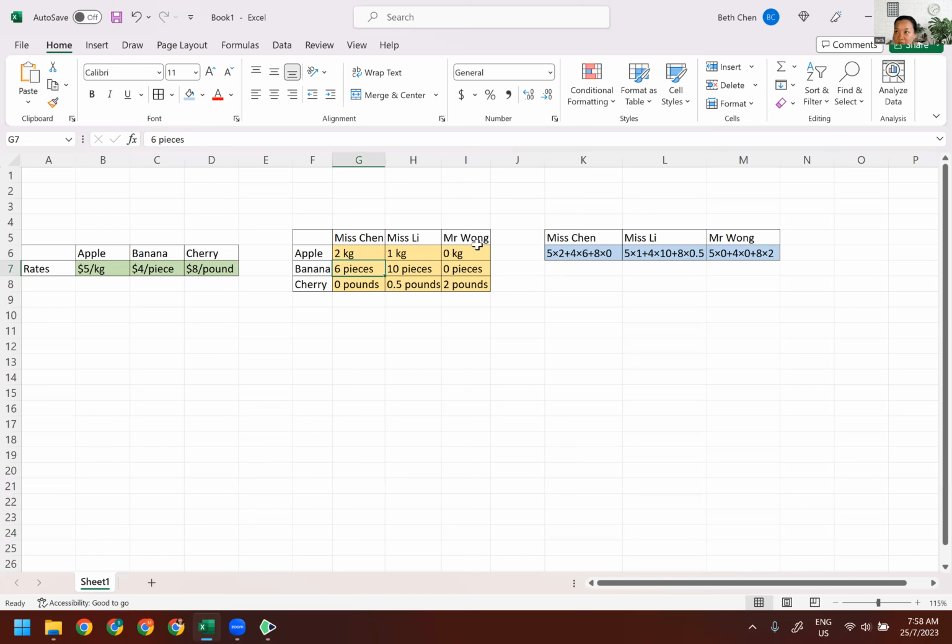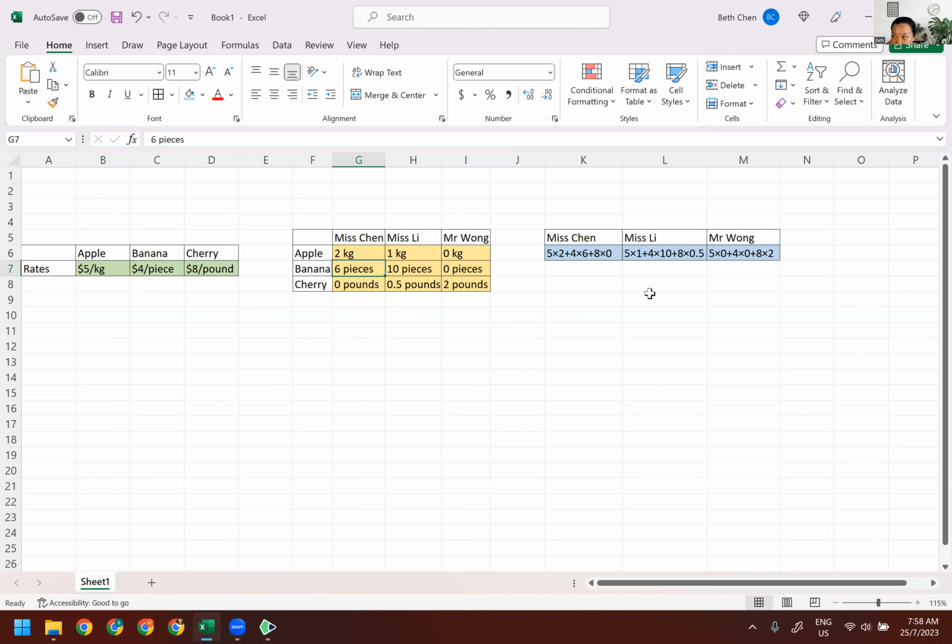And Mr. Wong, 0 kg, 0 pieces, 2 pounds. Okay. Now, in the past you would call this a table. Today you can call it matrix 1, matrix 2. Is that okay?